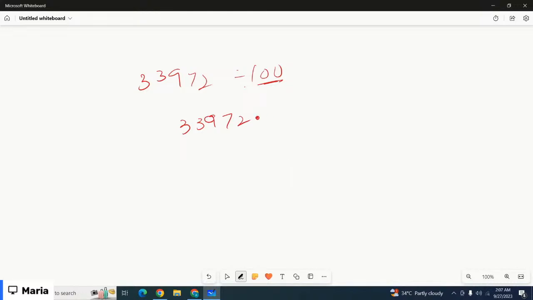Right now the decimal point is here. You have to move two places left, from here to here. That would be 339.72, right?